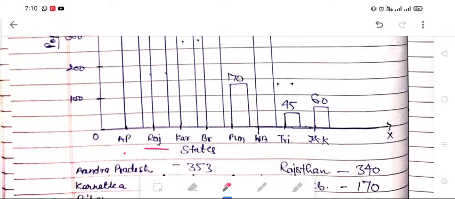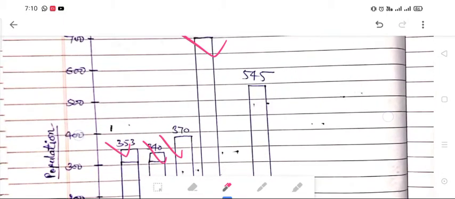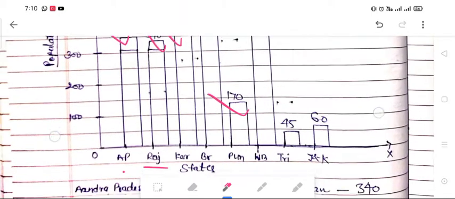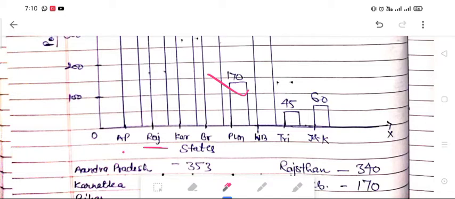Similarly, the population in Punjab is 170. The population in West Bengal is 545, and the population of Tripura is very less, which is only 45, and the population in Jammu Kashmir is 60.